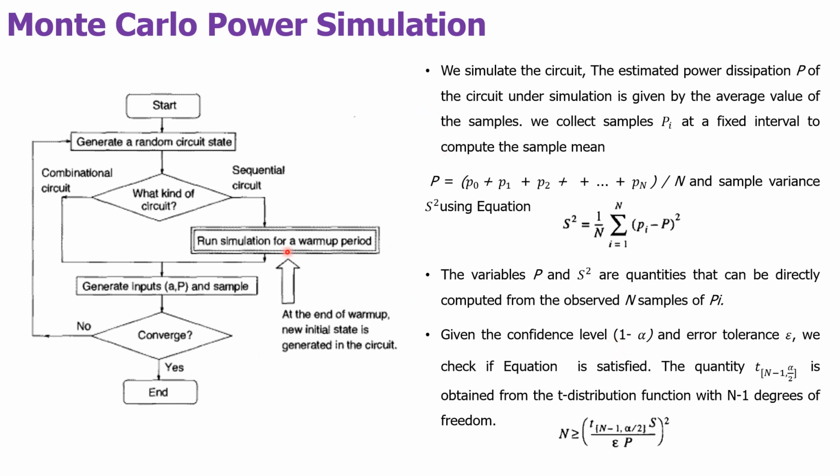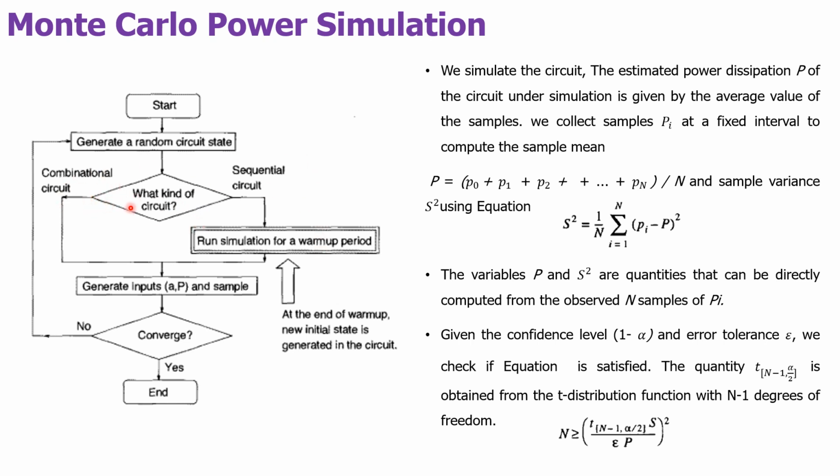So what will happen, look at the flow chart. Start, generate random circuit state. Circuit state means, for example, 0, 0, 0, 1, 1, 0, 0, 0, 1. Depending upon the number of inputs, the states are randomly generated. What kind of circuit is it, combinational or sequential?